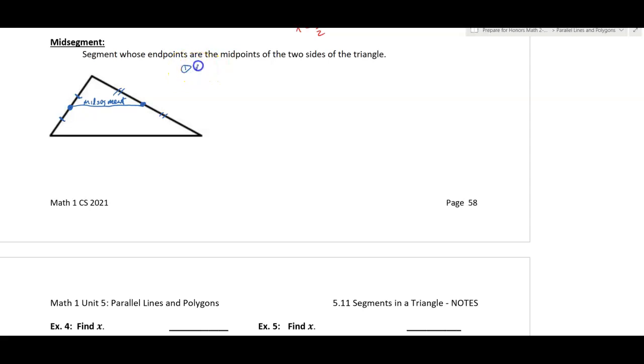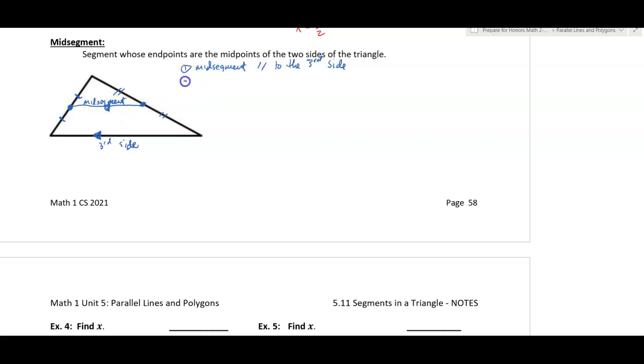Number one, the midsegment is parallel to the third side. Meaning, if this is my third side, this is parallel to this.